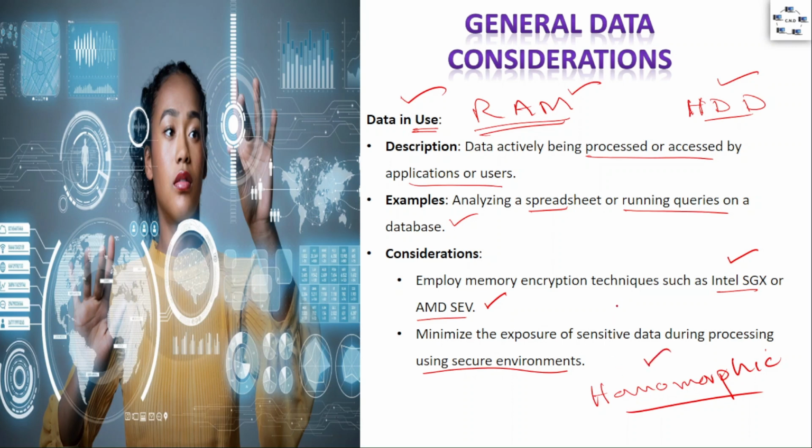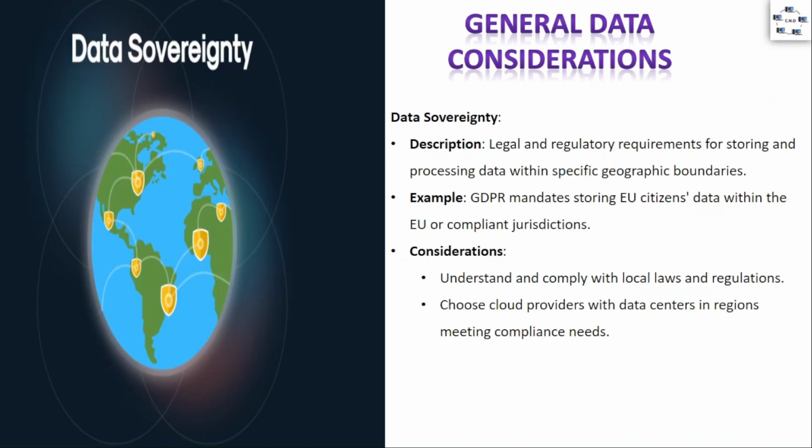So usually when you want to use data, the data should first be decrypted, and then the application or device can use it. By using homomorphic encryption, the data can be used in encrypted form, and so it is secure. So this is also another technique that can be used for data in use.